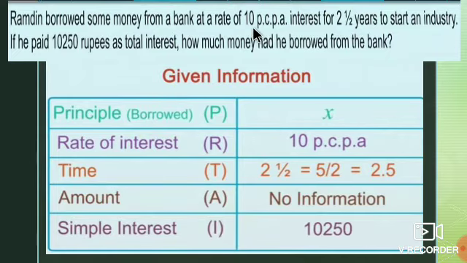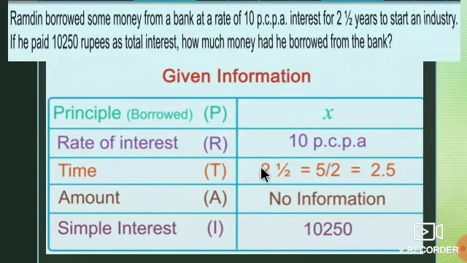Now the rate of interest is 10 PCPA, meaning 10%. So the rate of interest will be 10. Time is 2.5 years. The time is given in decimal form, so you can take 2.5 as 2.5. Or you could first convert it into an improper fraction and after dividing you will get 2.5.